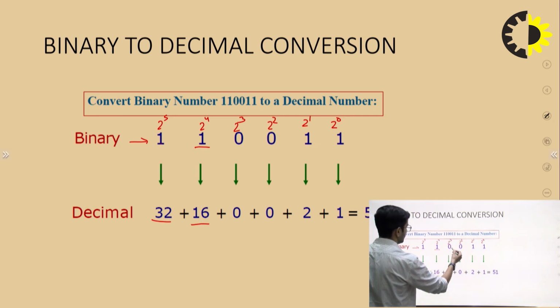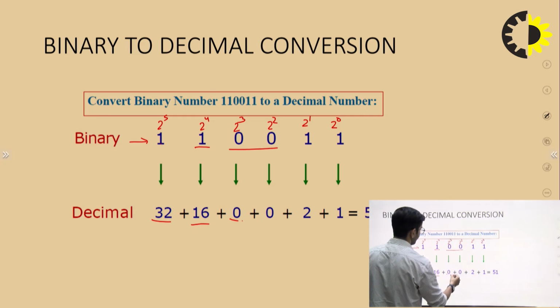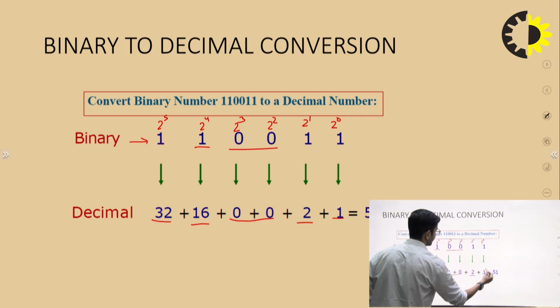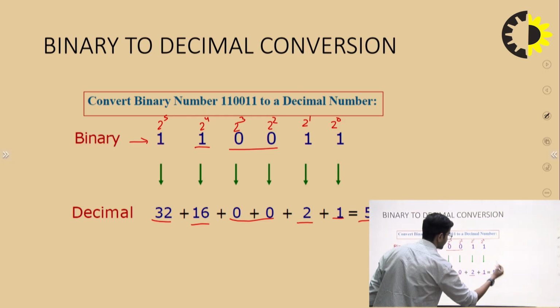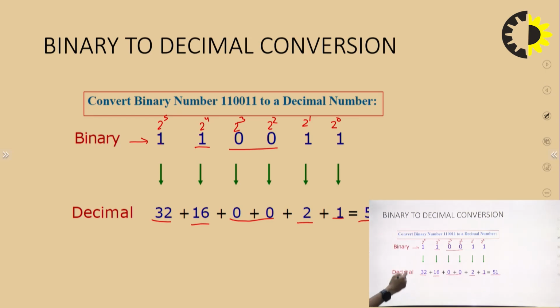Whereas 2 to the power 3 and 2 to the power of 2 are 0, so we mention 0, 0. Whereas 2 to the power of 1 and 2 to the power of 0 are 1, so we mention 2 plus 1. If we add these numbers, we get 51 in decimal. That's how we convert the binary number into a decimal number.